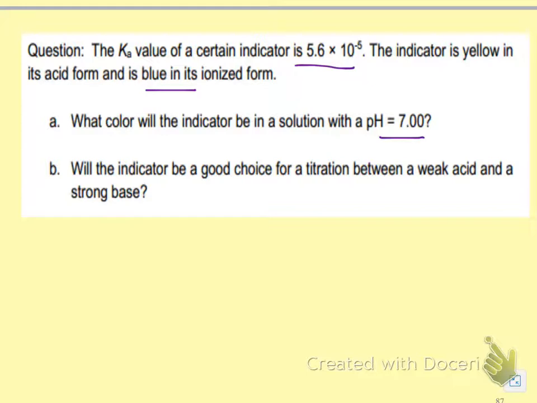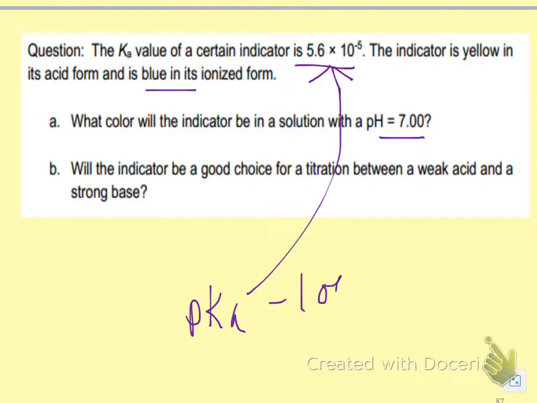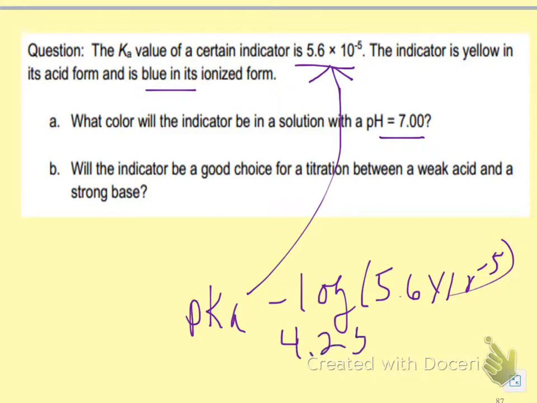Okay, think about that. Alright, so let's think about this. We know the Ka of this indicator, so let's figure out what the pKa would be. It's going to be the negative of the log of that Ka, and that would be equal to 4.25.